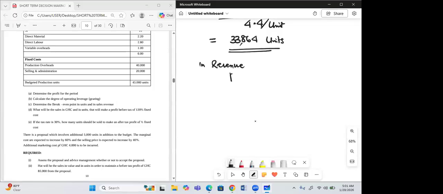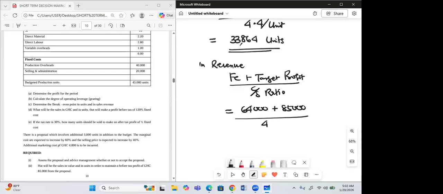It will be your FC plus your target profit over your CS ratio. So the same thing, 64,000 plus the target profit of 85,000.